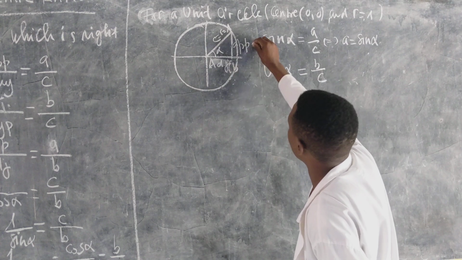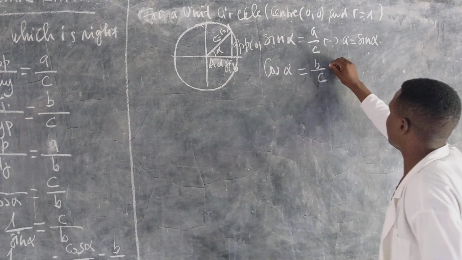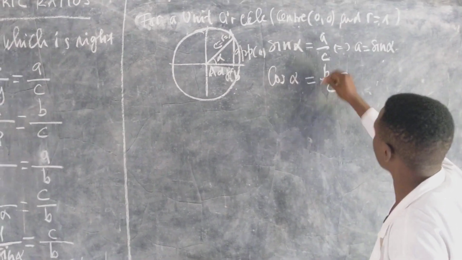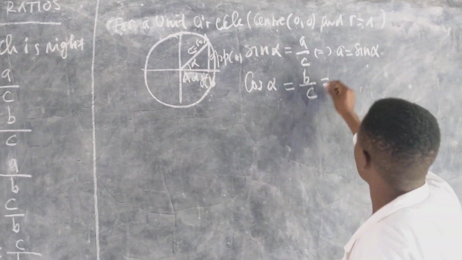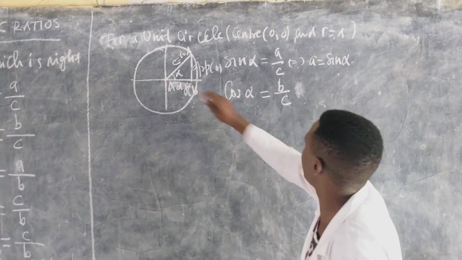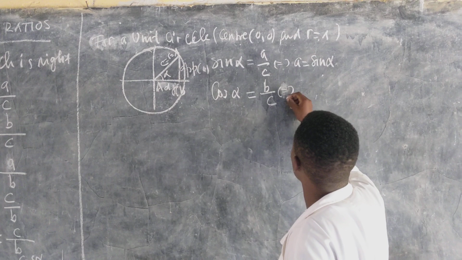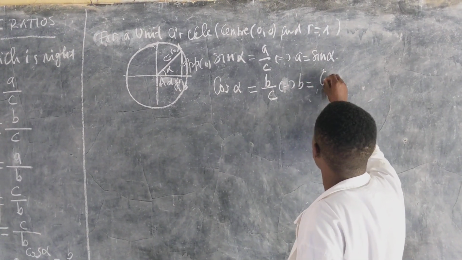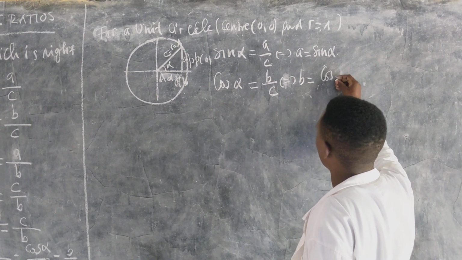This is b and this is a. Since c is equal to 1 for a unit circle, we can derive that b is equal to cosine of alpha.